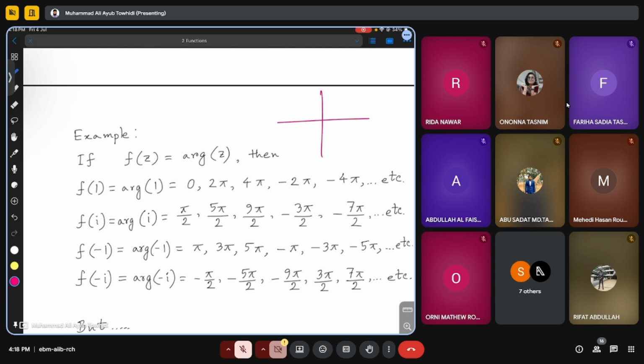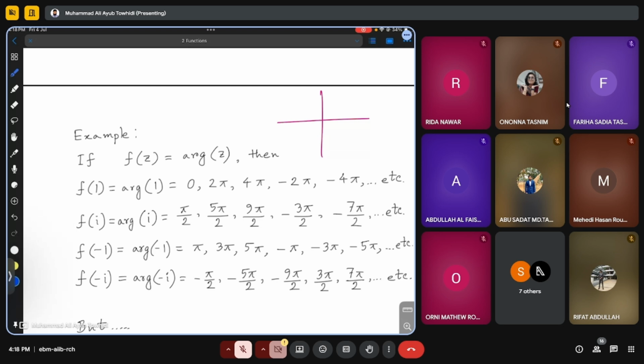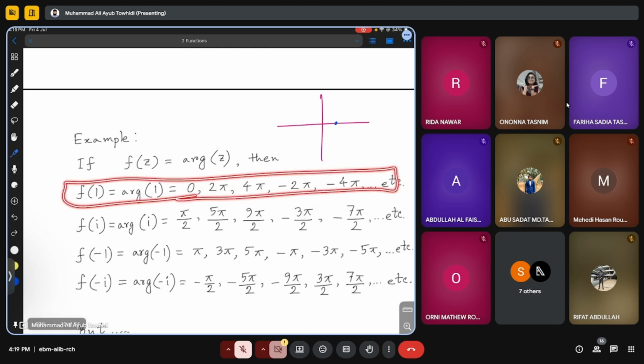Because 1, where is 1 on the graph? 1 is here. So what is the angle from the positive real axis? The angle is 0. So it can also be 0 plus 2 pi, or 4 pi or minus 2 pi or minus 4 pi, all the same thing. All of them are the argument of 1.